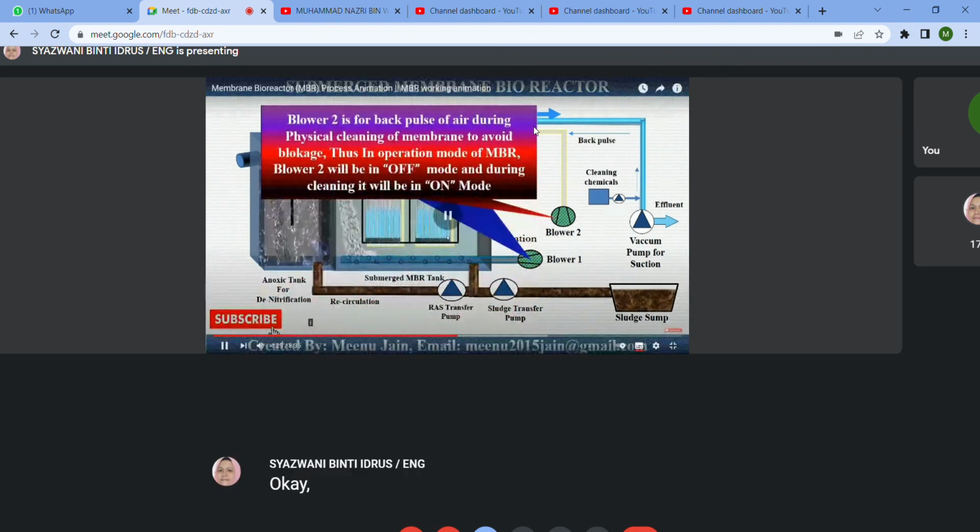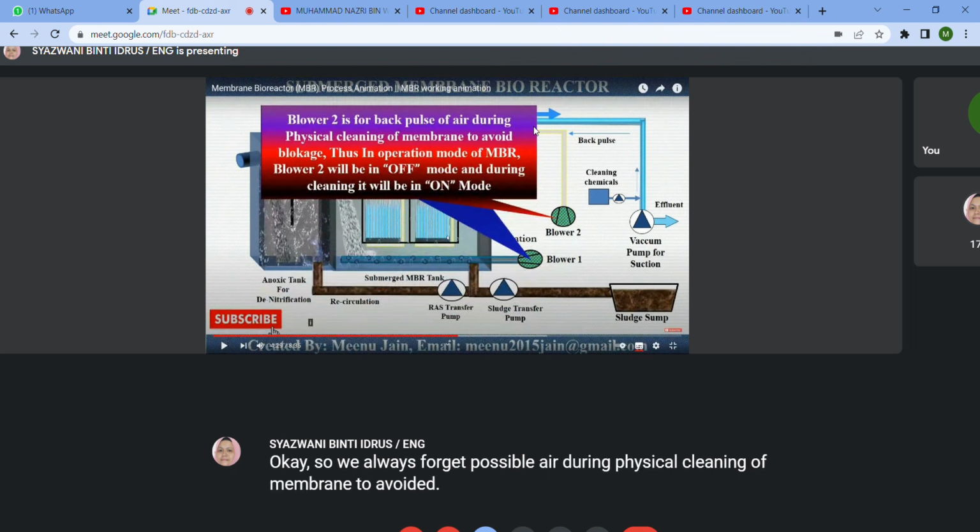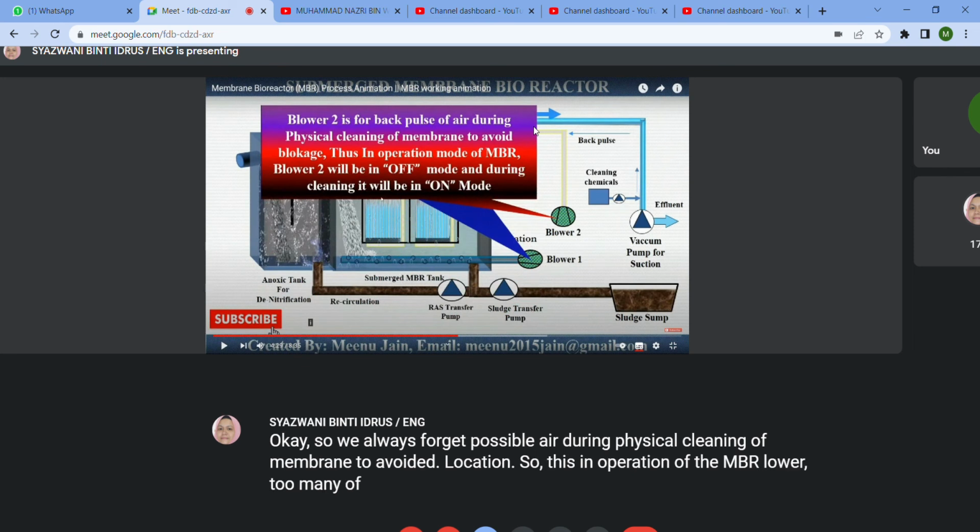So this blower is for the BOD removal. Blower 2 is for back pulse, for air during physical cleaning of the membrane to avoid the blockage. So in operation of the MBR, blower 2 will be turned off. During the cleaning only it will be turned on.